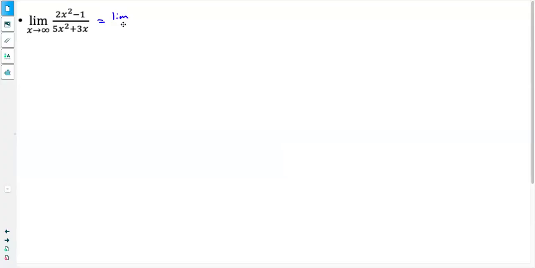So we've got our limit as x goes to infinity of 4x over 10x plus 3. Now, from looking at this, we can see that that would just equal 4 over 10, which simplifies to 2 over 5.